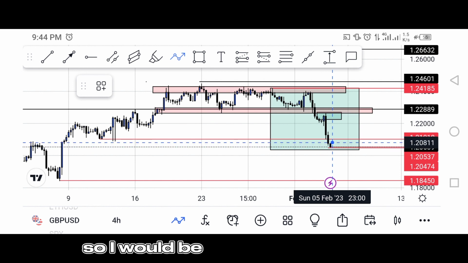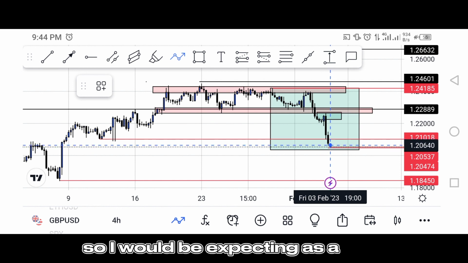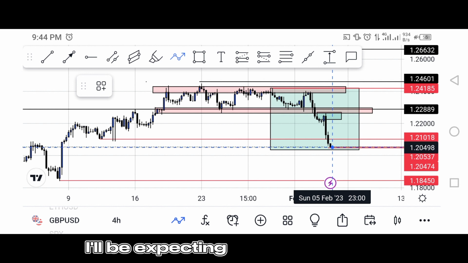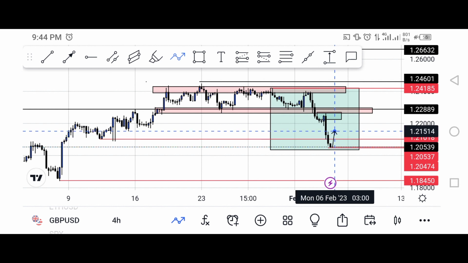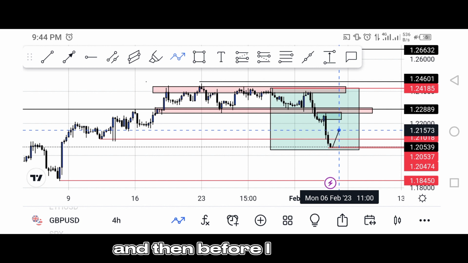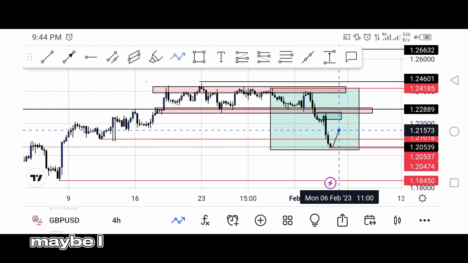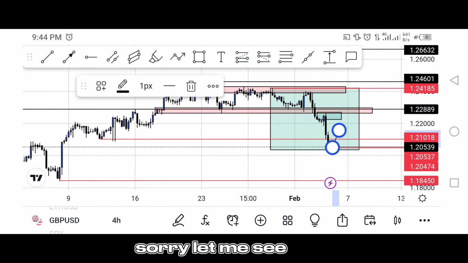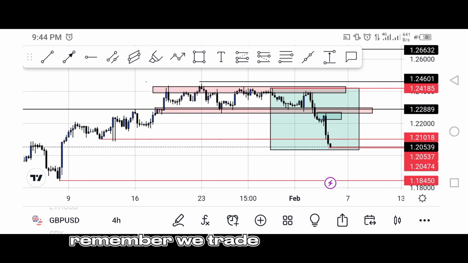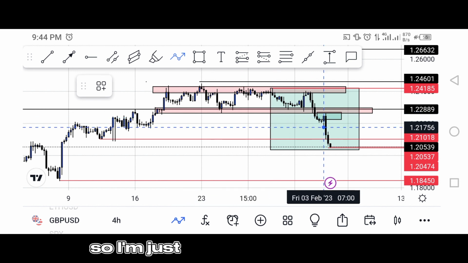As a forex trader, I'll be expecting that the market should be able to come into this zone first. Remember, we trade based on probability, so I'm just giving an instance.